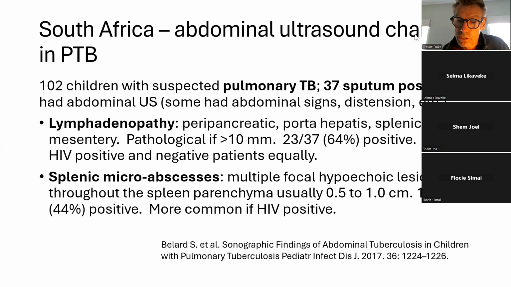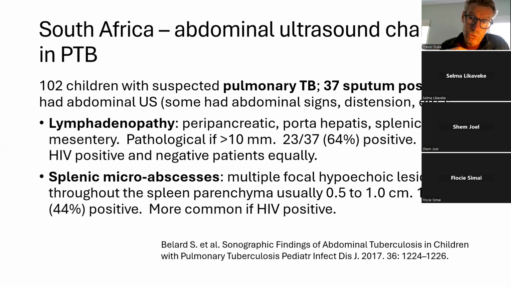I'm just going to tell you about one study, and then we'll talk about the features. In one study of 102 children in South Africa, 37 children had sputum positive TB, so we knew that they had TB. All of those children had an abdominal ultrasound, and many of them had clinical features of abdominal TB.